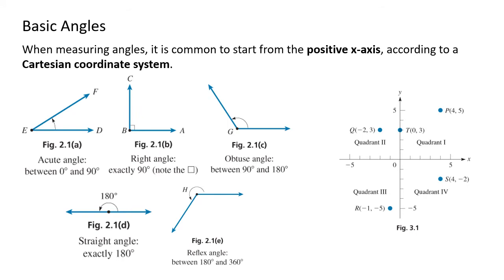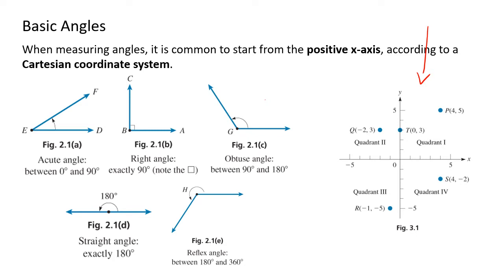Again, a lot of this may be review to some of you, not all of you. But in order to look at angles, we need to talk about the Cartesian coordinate system. That is this image here on the right. It's broken down into 4 quadrants. We have an x and a y axis.